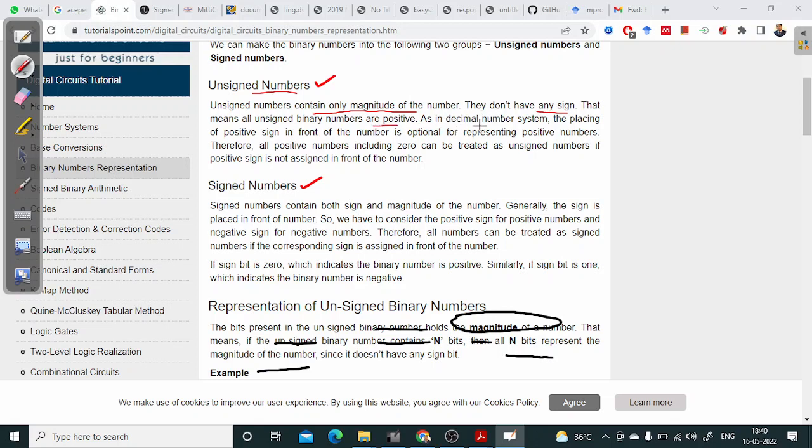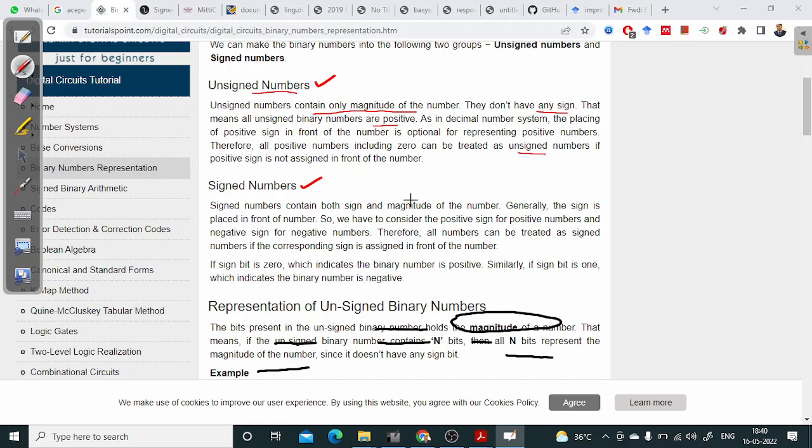As in the decimal number system, placing a positive sign in front of a number is optional for representing positive numbers. Therefore all positive numbers including 0 can be treated as unsigned numbers if a positive sign is not placed in front of them. By default, whether we assign a positive sign or not in the decimal number system, we assume that the number is positive.